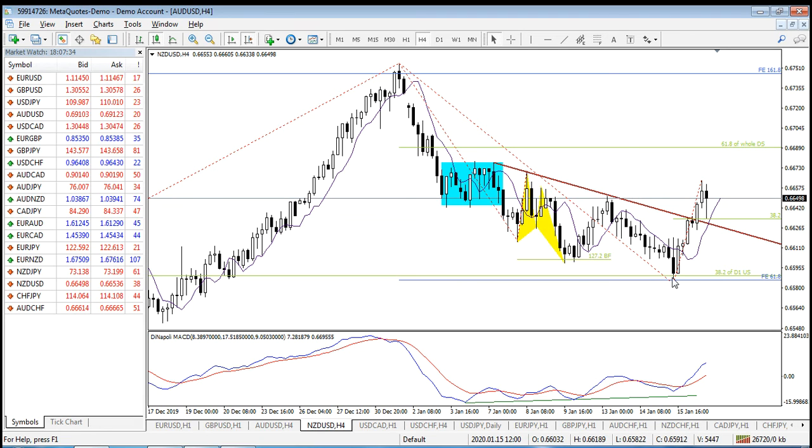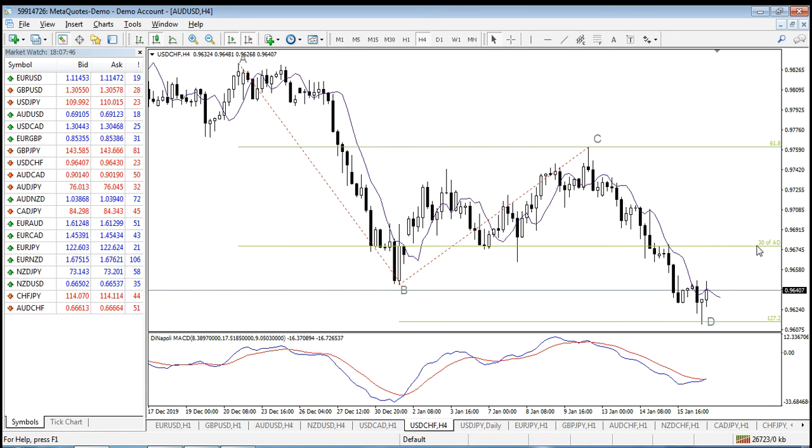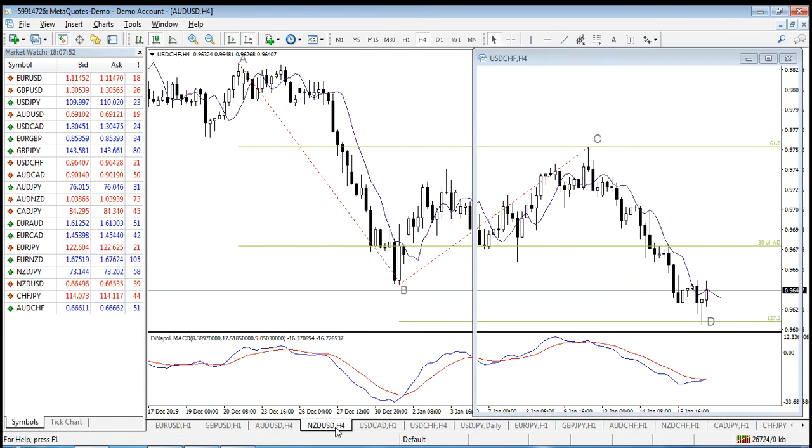I'll wait for either of these pairs to reach their target, and then I'll exit. If NZD USD reaches here first, I'll exit this position, or if USD CHF reaches here first, I will exit this position of NZD CHF.